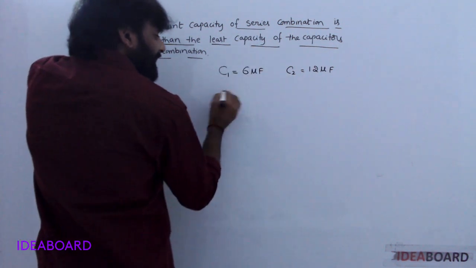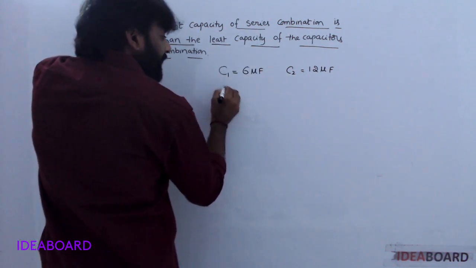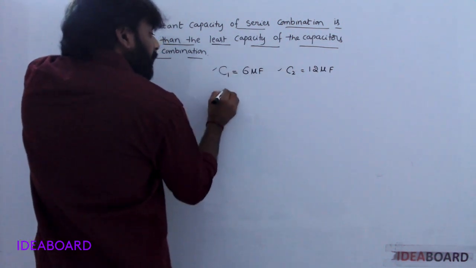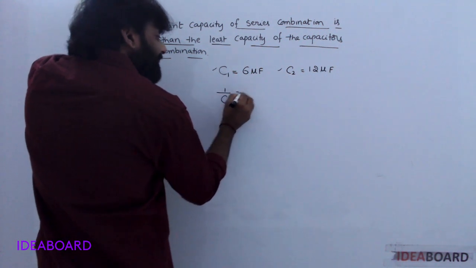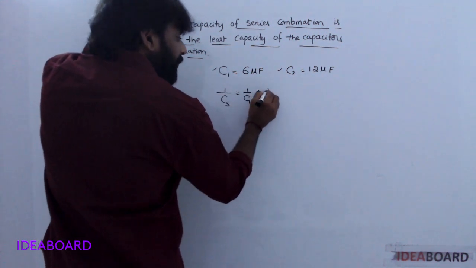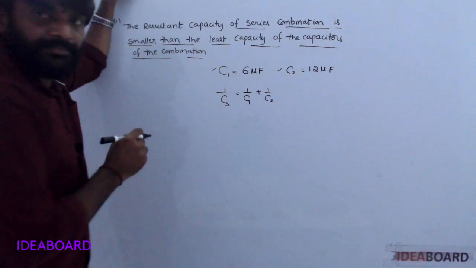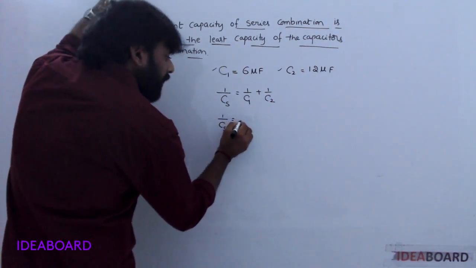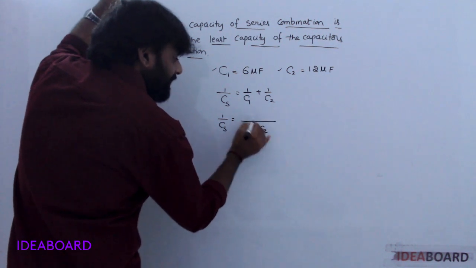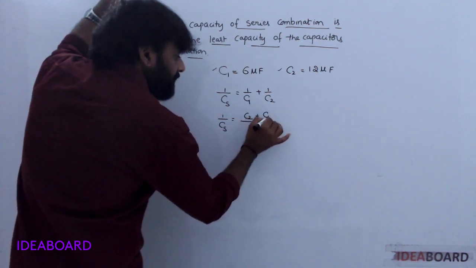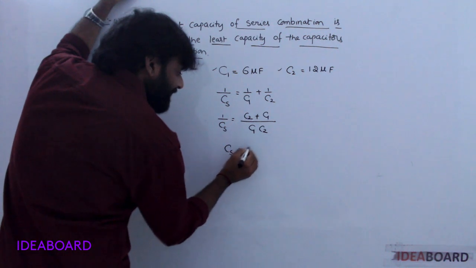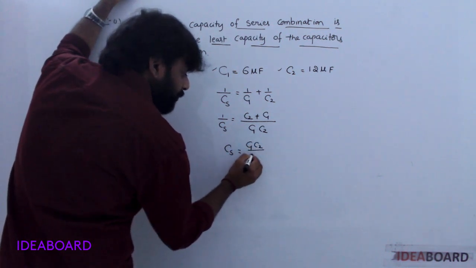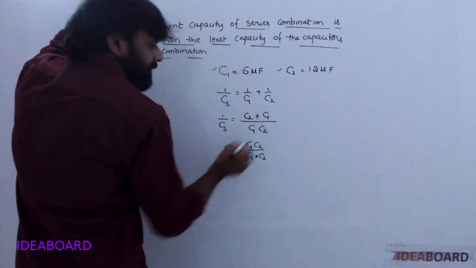These two are connected in series. 1 by C series is equal to 1 by C1 plus 1 by C2. Here LCM is C1 C2, so 1 by C series is C2 plus C1 by C1 C2. C series is equal to C1 C2 by C1 plus C2.